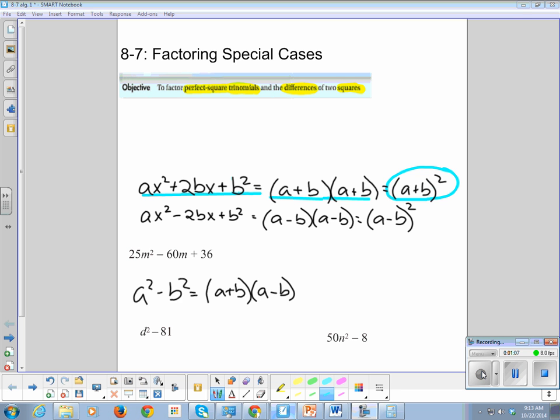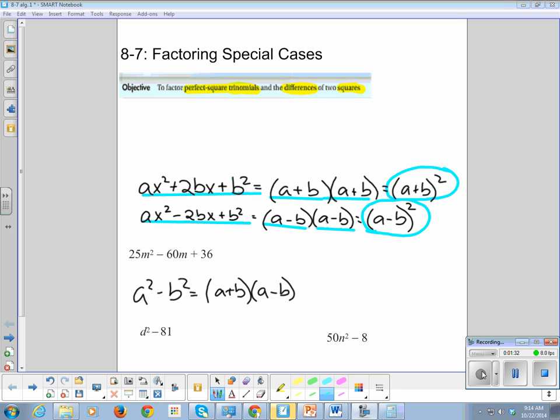Alright, and then we have the scenario where you have ax squared minus, so you get a negative sign, 2bx plus b squared. It's equal to a minus b times a minus b. And if you're like me, you just want to write one a minus b, so you go a minus b squared.